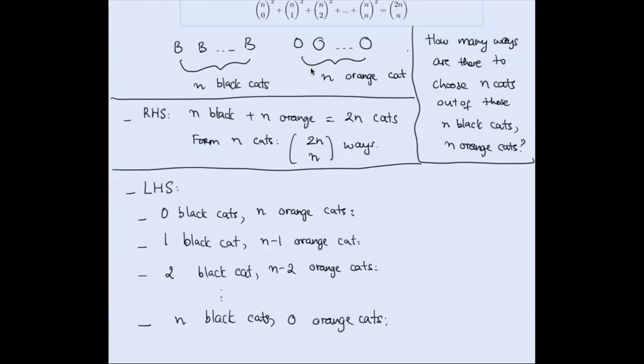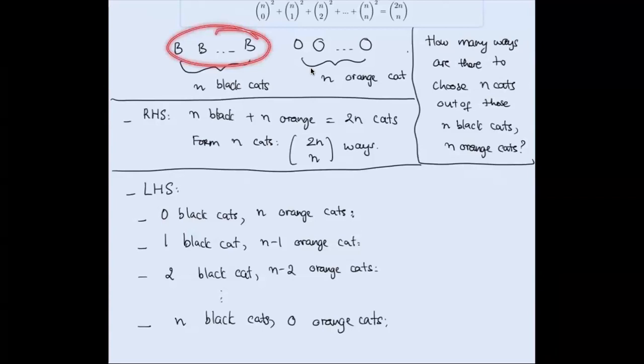So I will count how many ways there are that I can choose 0 black cats and n orange cats. So I will look at the number of black cats I have. Out of n black cats, I will choose 0 to be included. Out of n orange cats, I will choose n to be included.